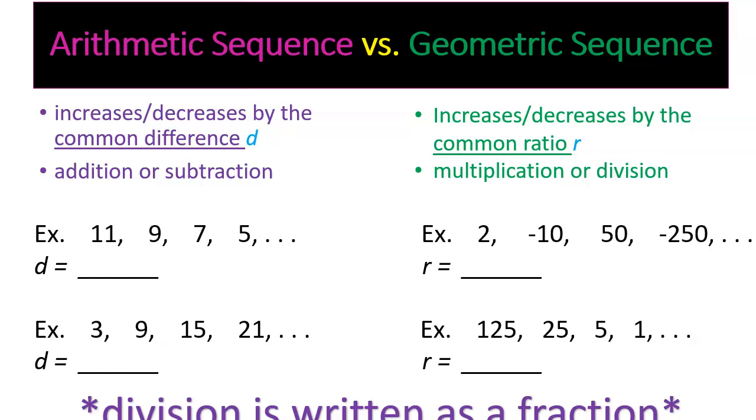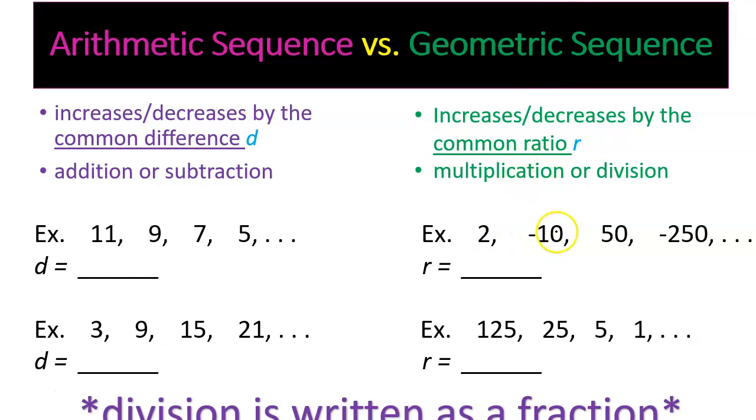So we have to decide, are our numbers increasing or are they decreasing? Technically, they're increasing and decreasing because it's going positive, negative, positive, negative. So if we think about the absolute value, just think about the numbers themselves without the signs, we go from 2 to 10 to 50 to 250. So the numbers are getting bigger and bigger and bigger, which tells us multiplication.